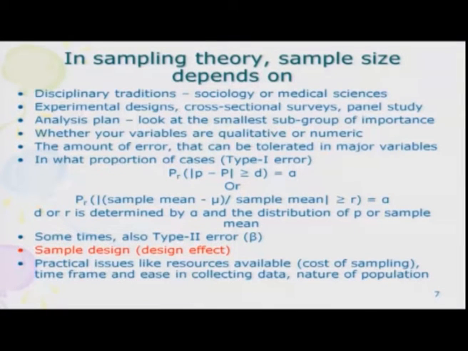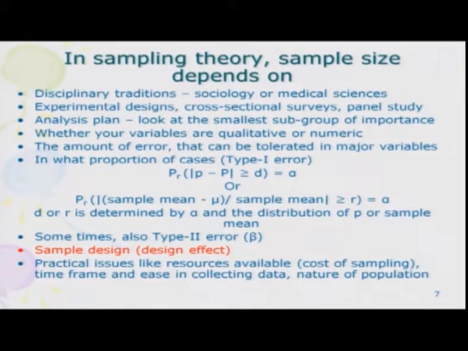What proportion of cases means, suppose your sample estimate of a proportion is small p, and the real value, we do not know what the real value of p is, but let us assume that the true value of p in the population is capital P. Then the probability that small p and capital P differ by a quantity more than d, d will be a small quantity, we do not want our p to differ from capital P too much.